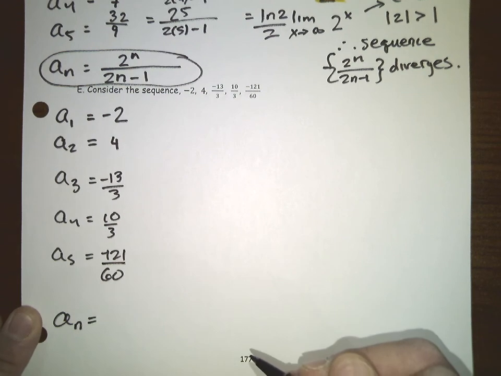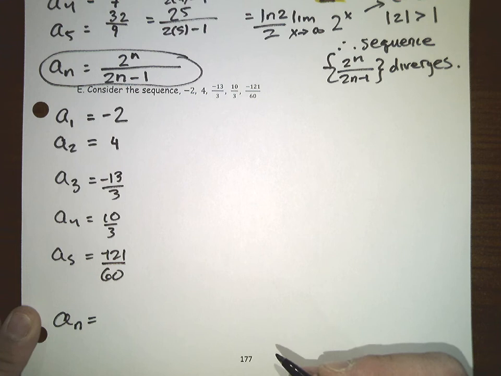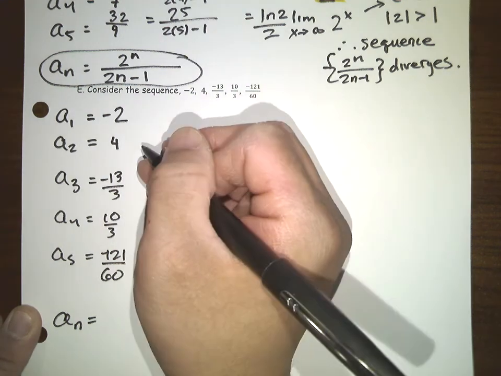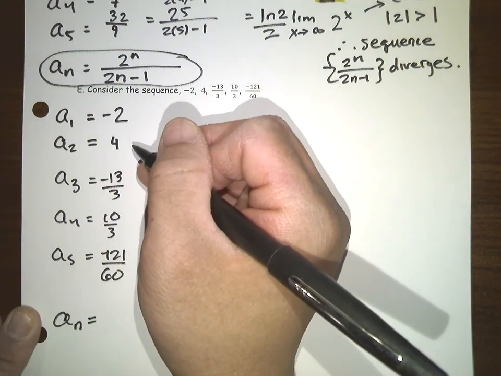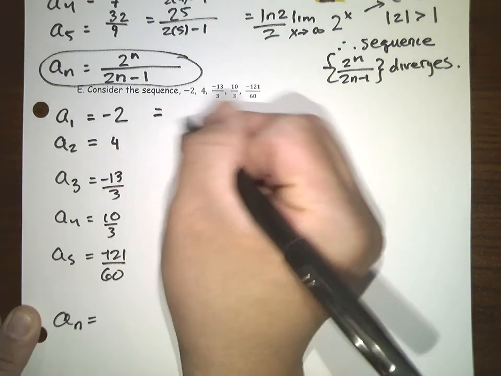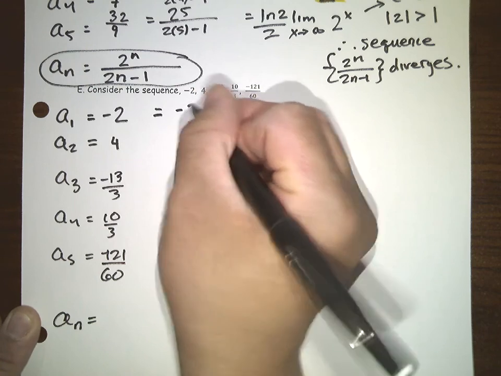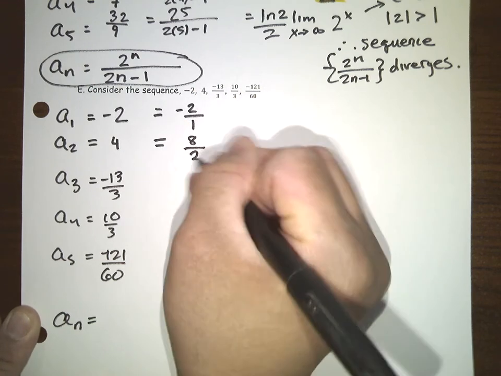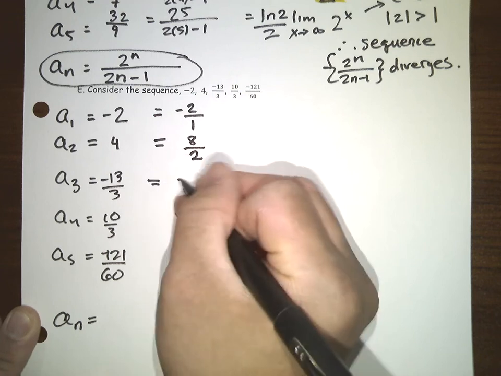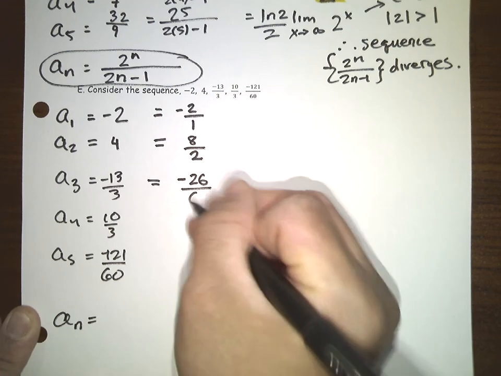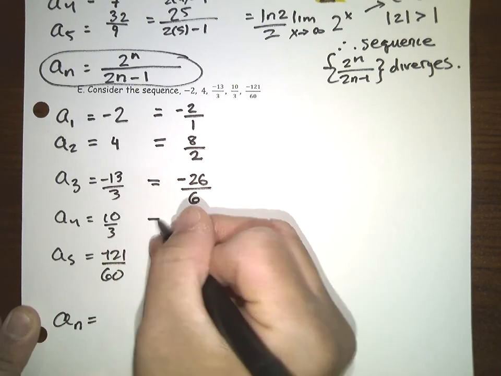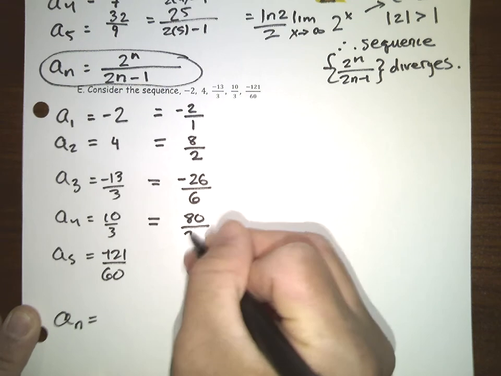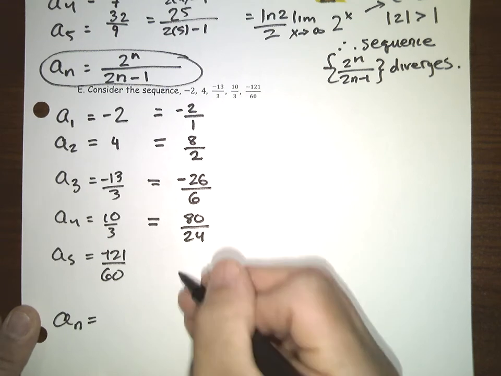Well, I'm going to rewrite these so that you can see a little bit better. -2 over 1 is still -2. 8 over 2 will still be 4. -26 over 6 is still -13 over 3. 80 over 24 is still 10 over 3.